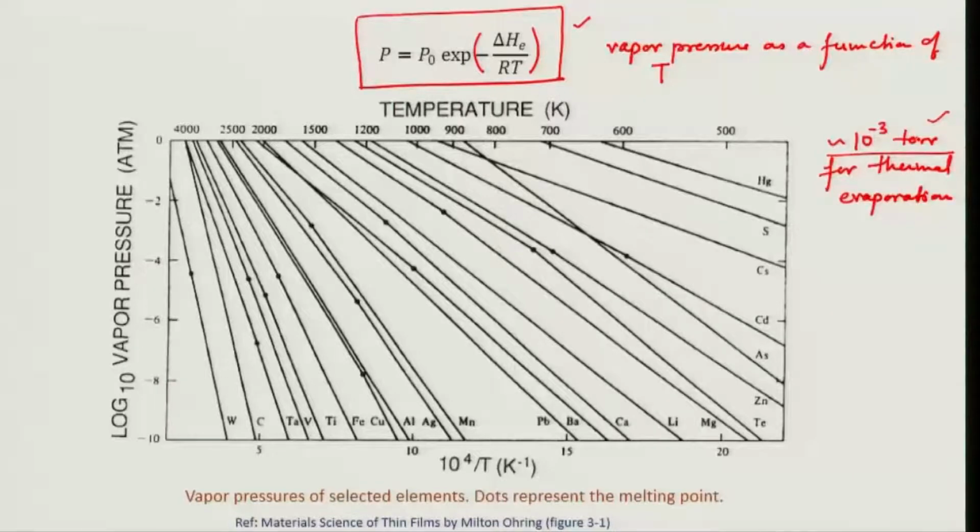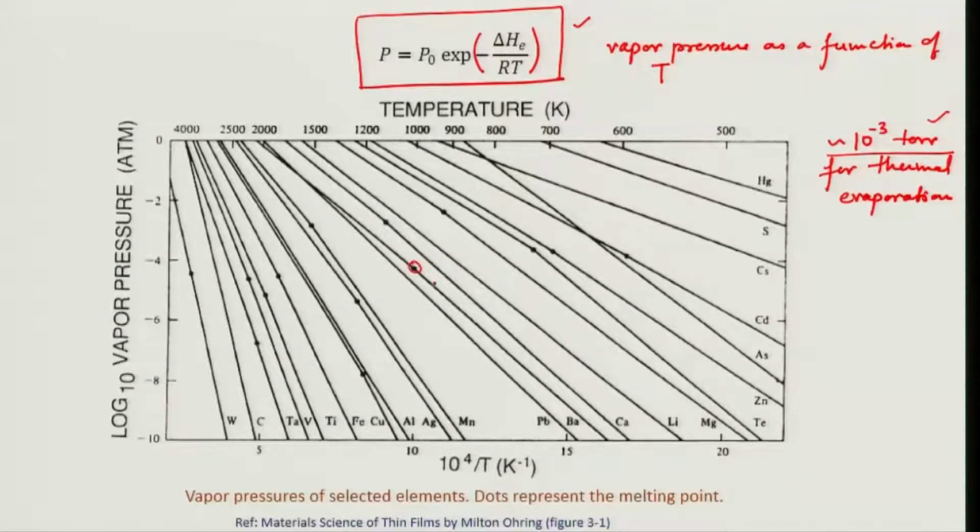Now, whether the thermal evaporation method is suitable or not, you can look at these vapor pressure charts and determine. For aluminum, this is the line and its melting point is somewhere down here. So, let us look at something like lead or barium.